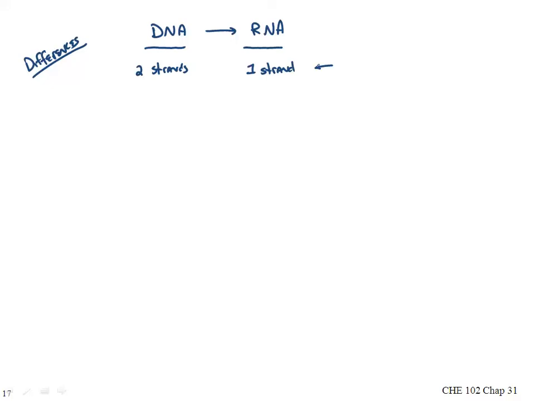So the main thing is that DNA is used for information storage. And so the 2 strands being complementary to each other make it so that that storage is very secure, meaning that one strand isn't changed while the other one is, or something like that. Whereas RNA is used for building proteins in the end.